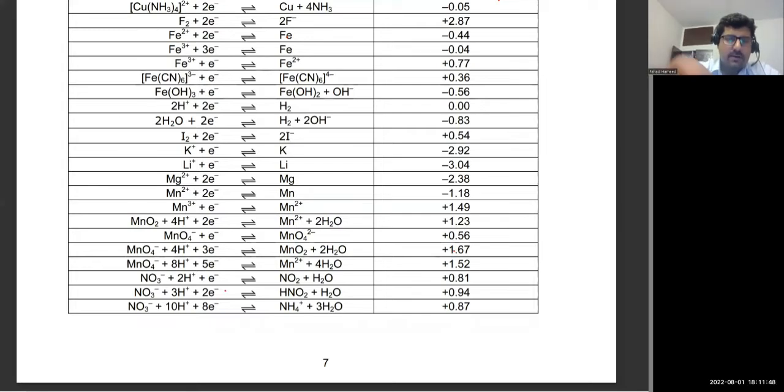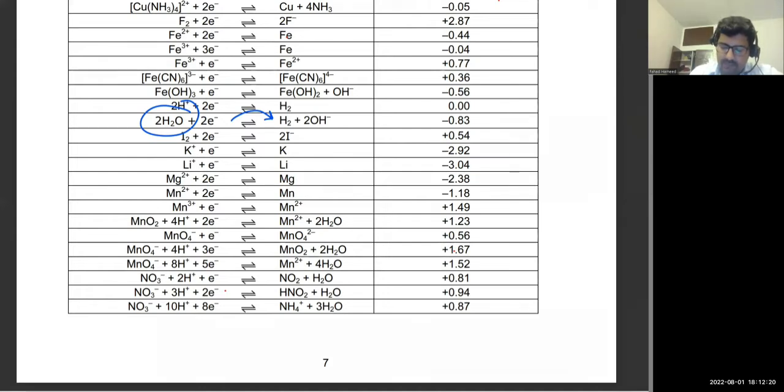Water gaining electrons. Where's water? Here's water that's gaining electrons. That's about it. You've got two equations, so I'm going to write both equations. Na plus 1 gaining 1 electron in equilibrium and forming Na, that's minus 2.71 volts.